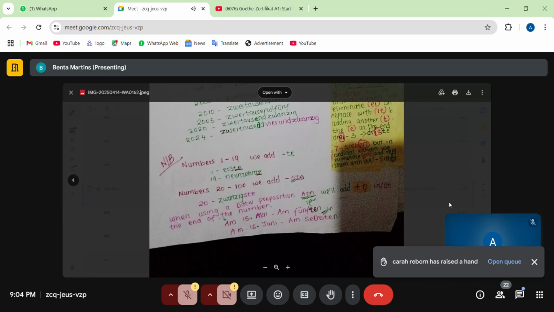If it has the dative preposition am, you're going to add an N at the end. I know the rules are so many and troublesome, but that's how to know them. This completely changes how we pronounce the date.